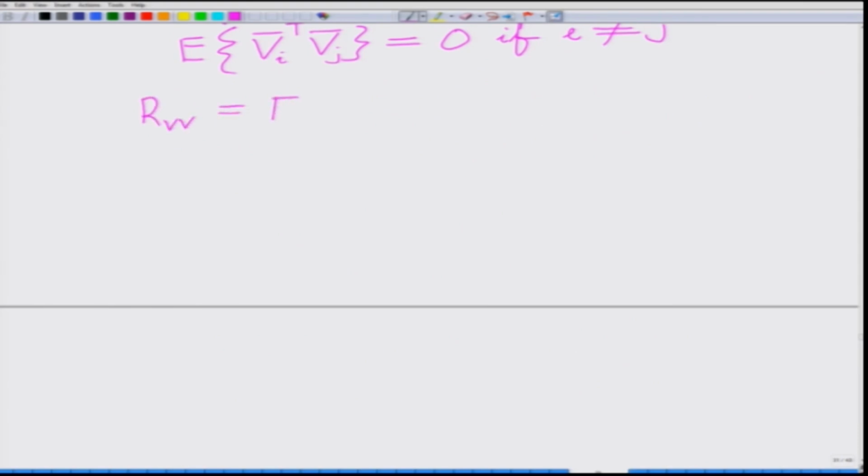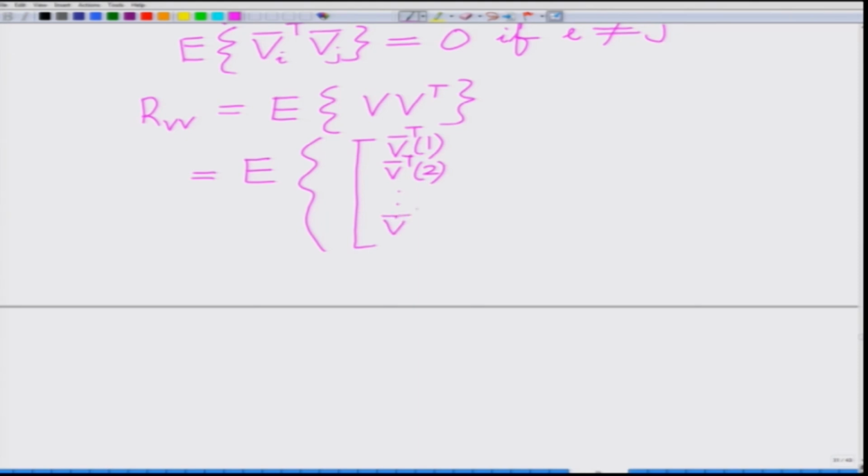and therefore the noise covariance R_VV is expected value of V V transpose, which is equal to expected value of the matrix of V bar transpose 1, V bar transpose 2, up to V bar transpose n times V bar 1, V bar 2, up to V bar n. Again the diagonal elements are all R sigma square, the off diagonal elements are 0.